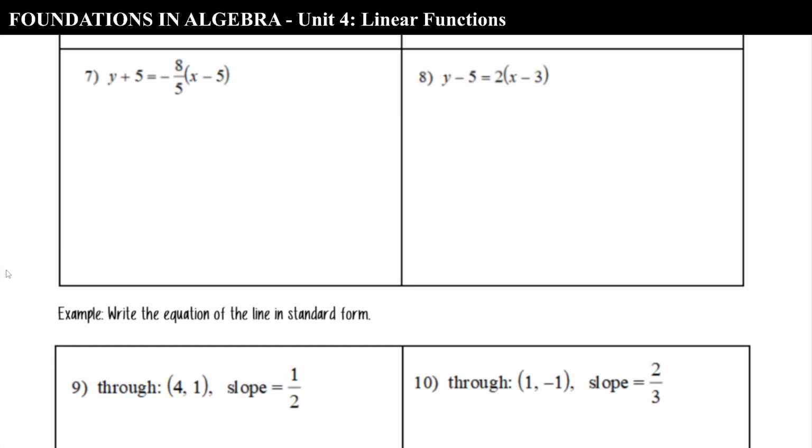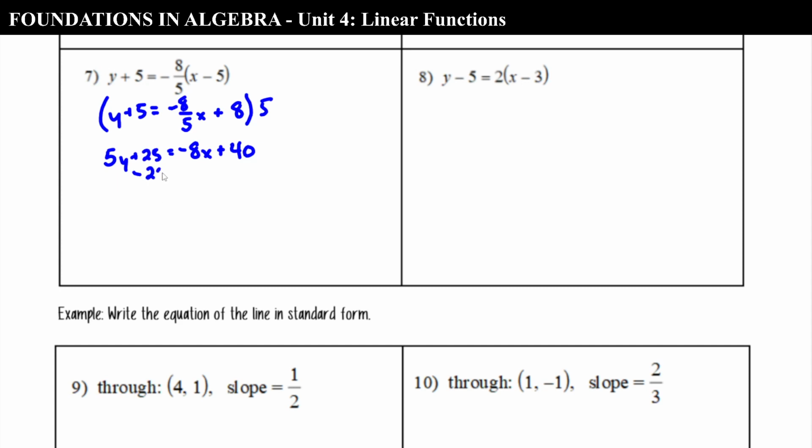For number 7, we're going to distribute first. So we got negative 8/5 x plus 8, because negative 8/5 times negative 5 gives the positive 8. And then everything gets multiplied by 5 to get rid of the fraction. 5y plus 25 equals negative 8x plus 40.